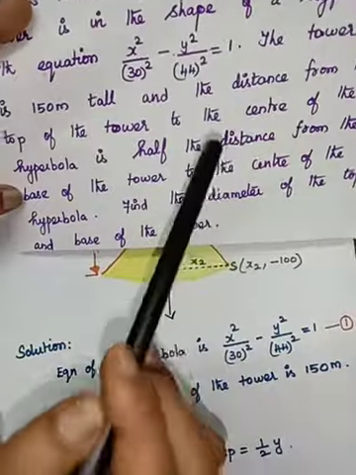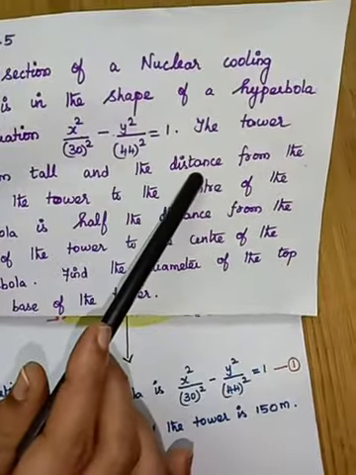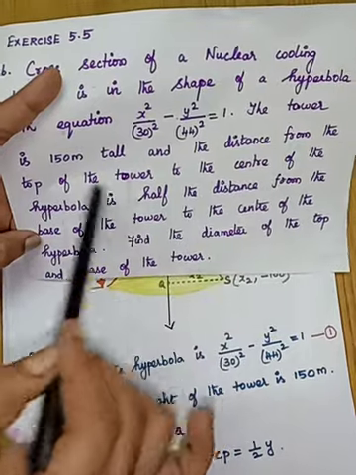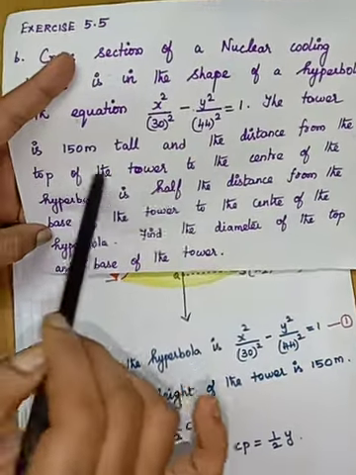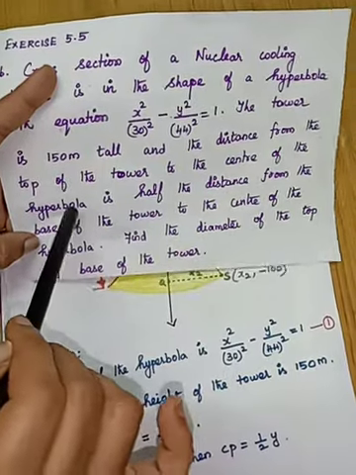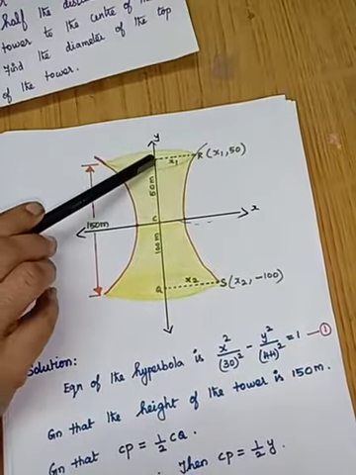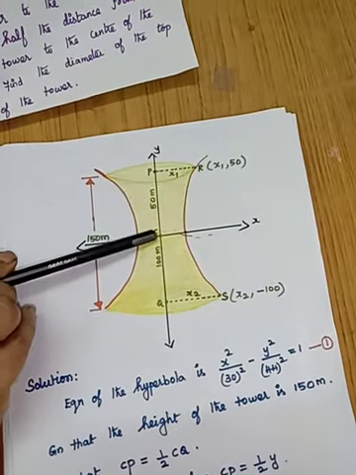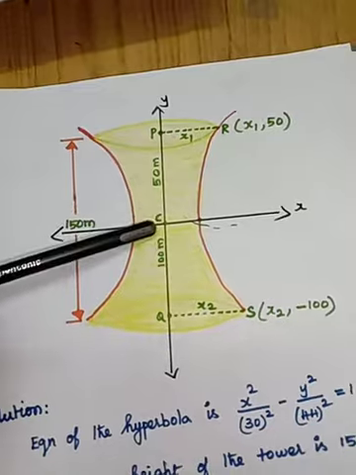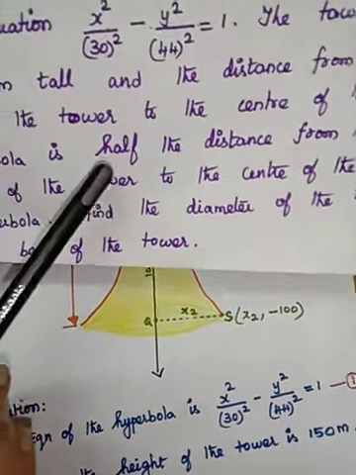In the problem it is given the distance from the top of the tower to the center of the hyperbola. So the top of the tower is point P and the center is C. So the distance CP, how is it? What is given?